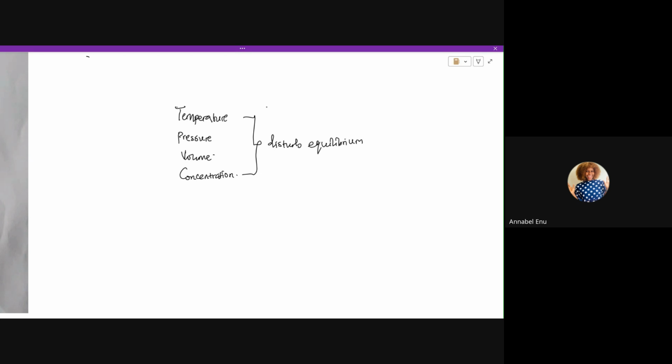But then I said among these, it is only temperature that changes the equilibrium constant, and I gave an analogy to explain this.